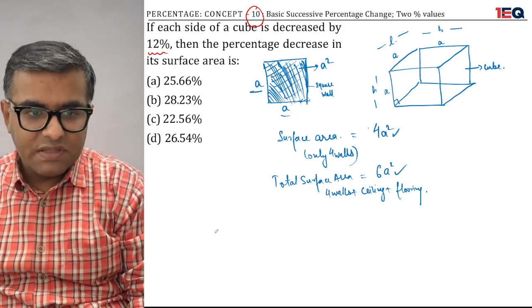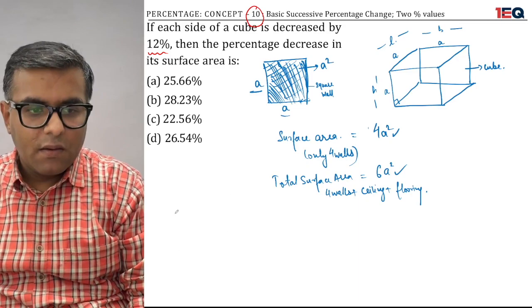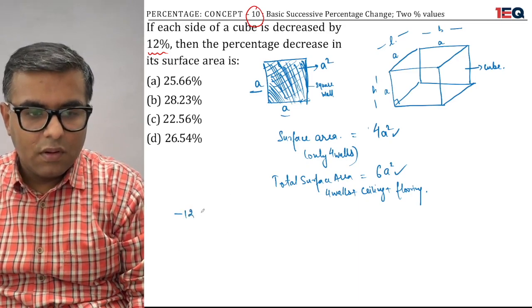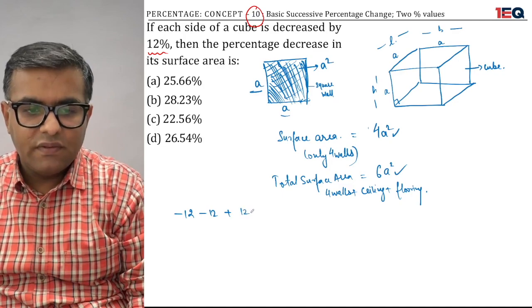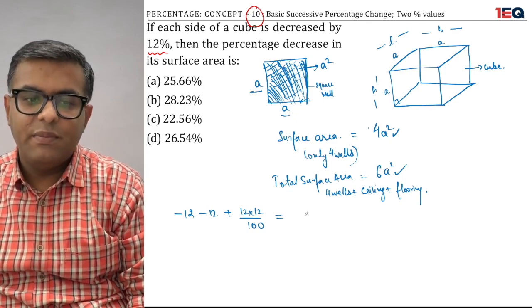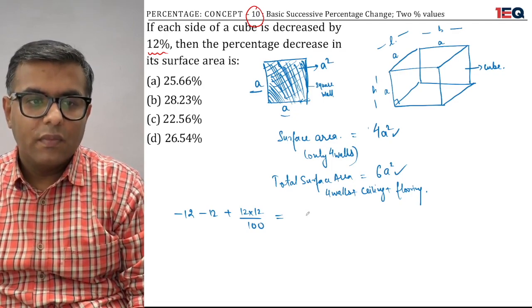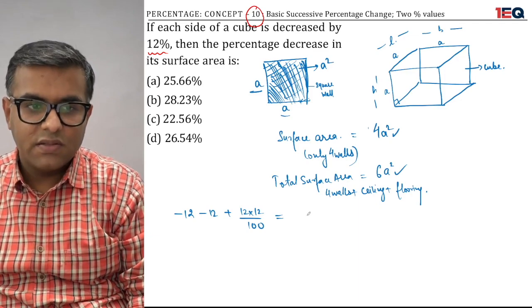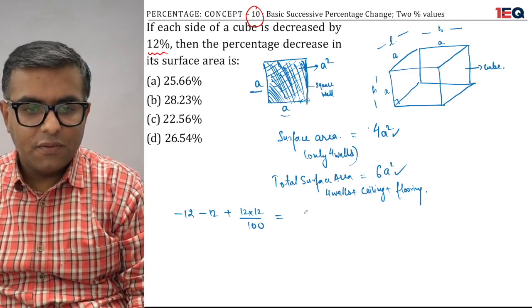Okay, so see this: minus 12, minus 12, plus 12 into 12 divided by 100. Minus 12 make minus 24.